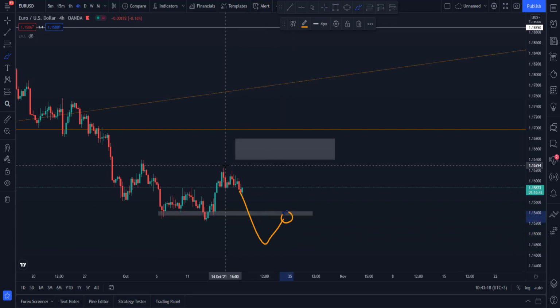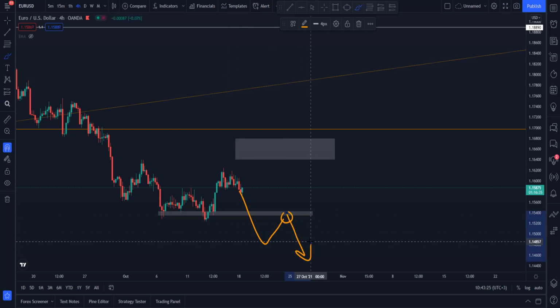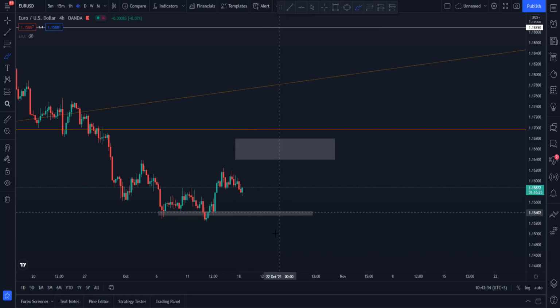We can then use a stop loss around the 1.1635 level, and we can anticipate the next move to the downside, which again is going to give us an edge over the market, since we're using the break and retest pattern, which is very, very strong.